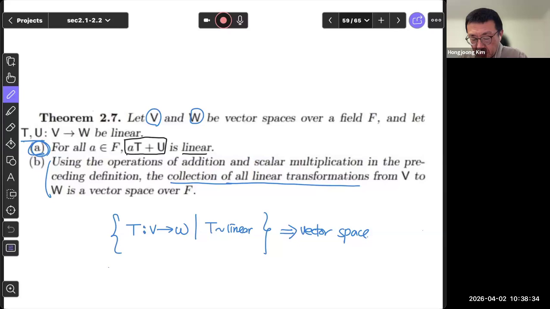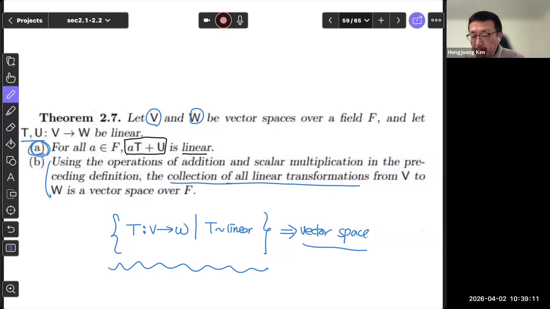this collection of all the linear mappings from V to W will define a vector space, a much larger vector space than V or W. I'm just considering the set of mappings, a set of functions. So this set of linear transformations from V to W also satisfies the requirements for a vector space.